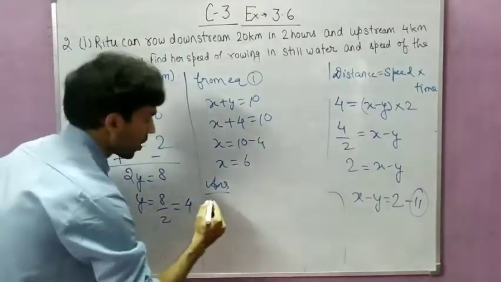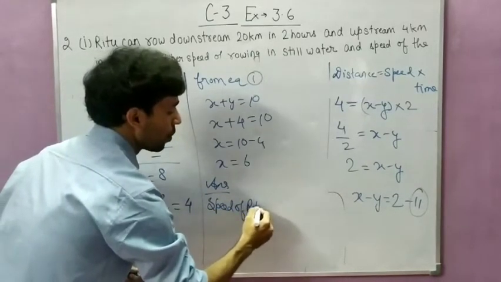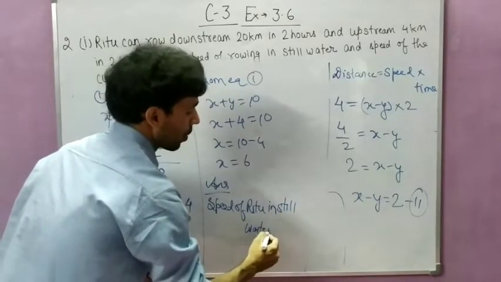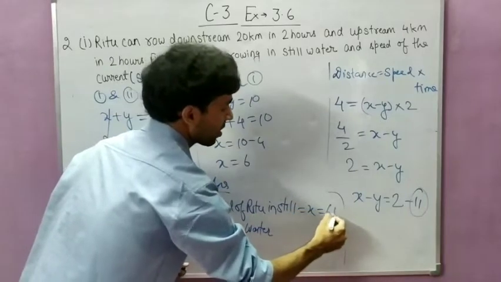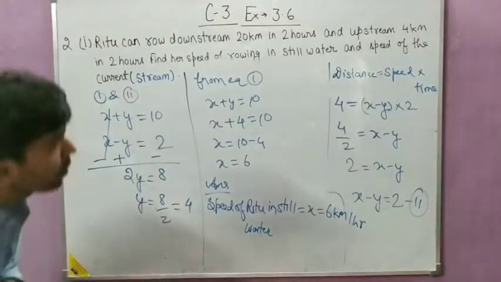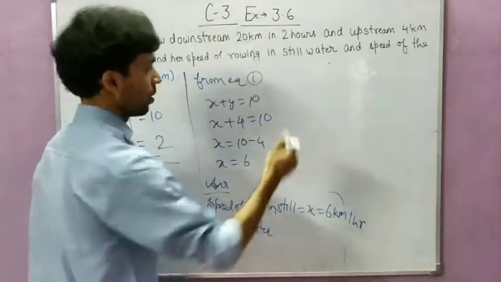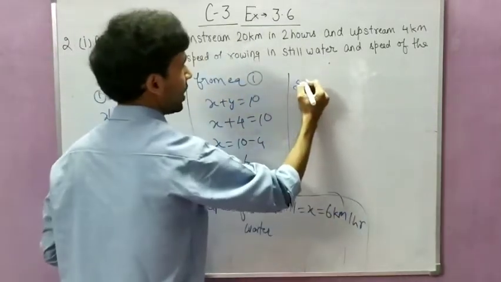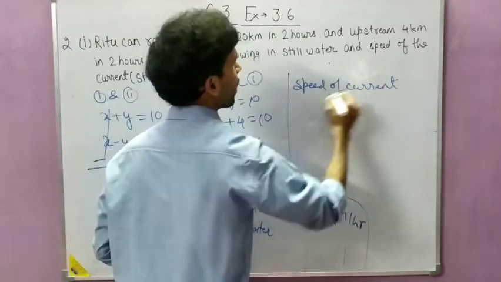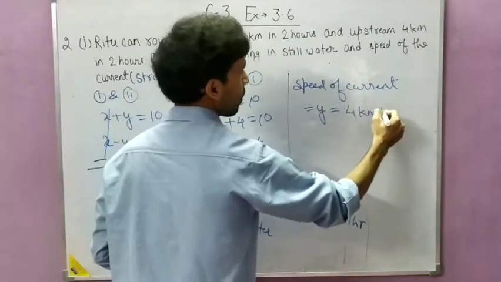So the speed of Ritu in still water was x, so it is 6 kilometers per hour, because speed is always in kilometers per hour or meters per second. And similarly, the speed of current, that was y, is 4 kilometers per hour.